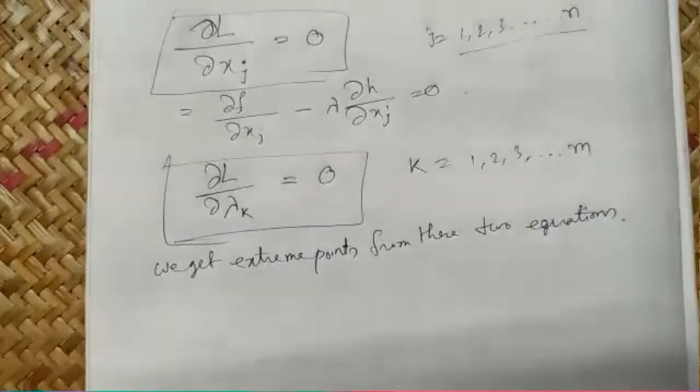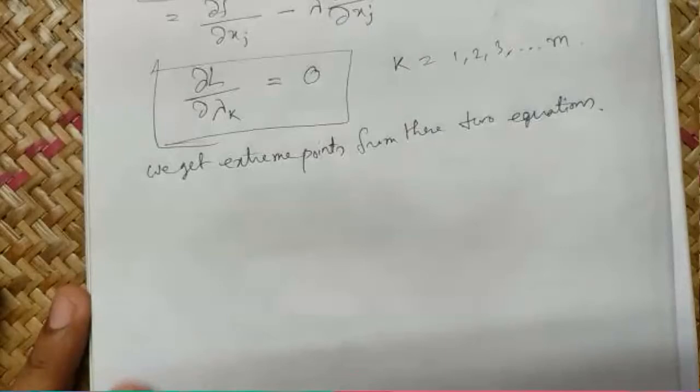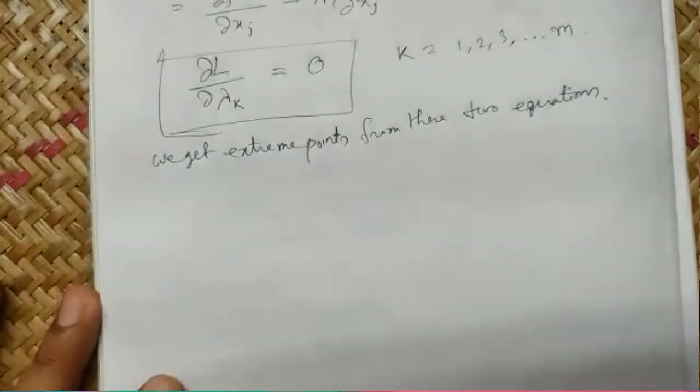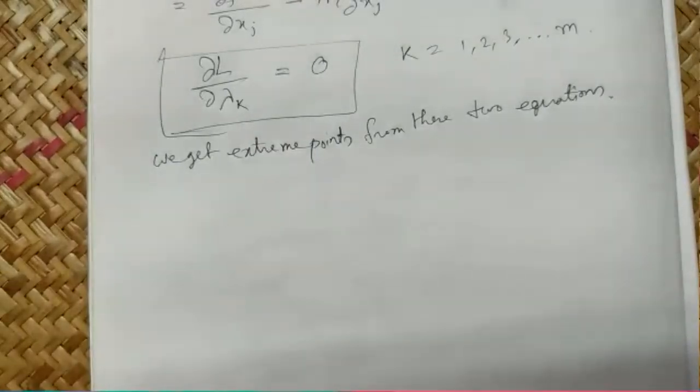Now the question is, how will we check from these values of extreme points in the function whether this is a maximum value or a minimum value? So for that we need to prepare a matrix. Let us discuss with a problem.